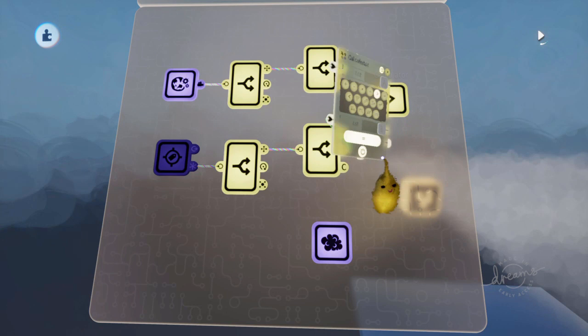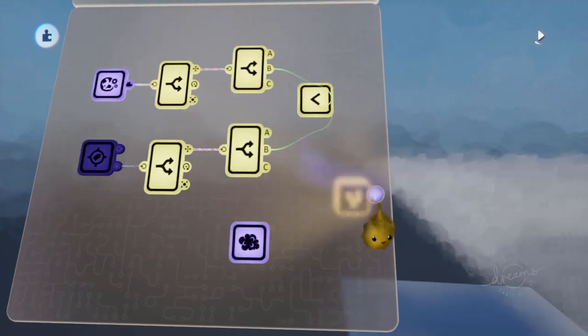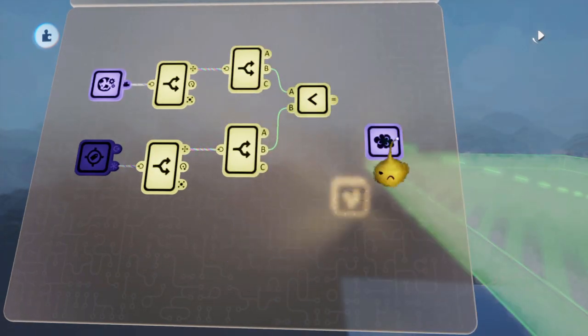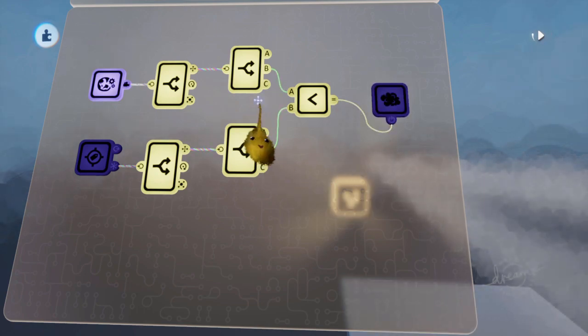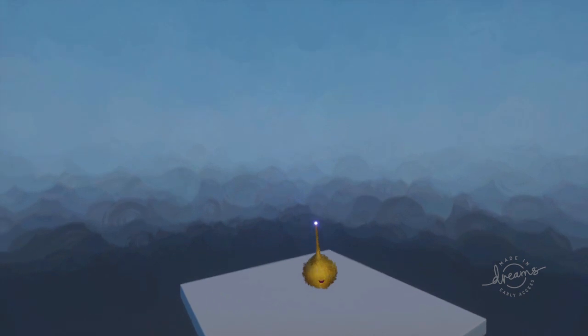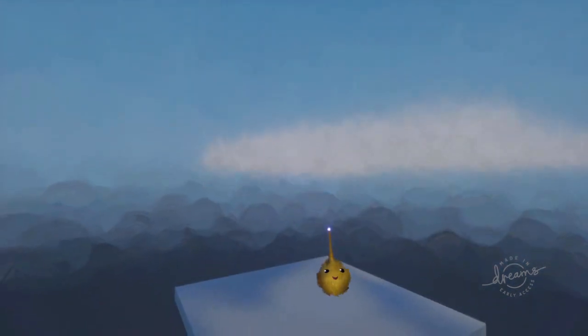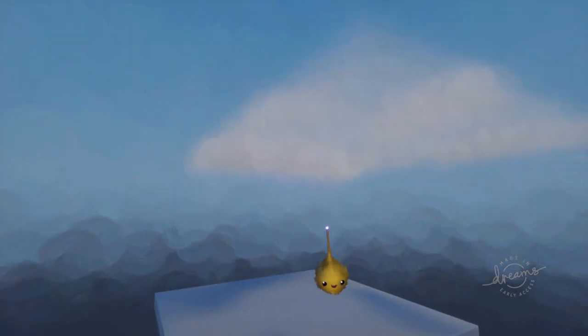So we actually want to say if it's lower, then turn on the fog. So now let's play, so it's not there at all. As we move down, it turns it on at the right time, and we start seeing the shadows.